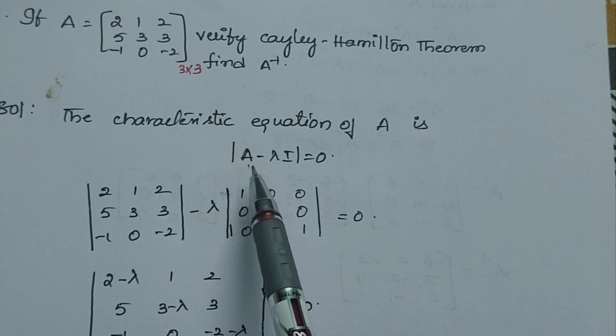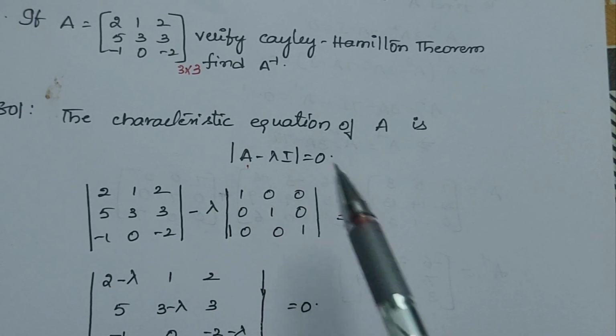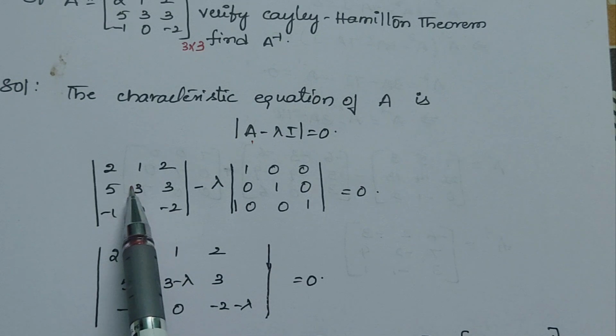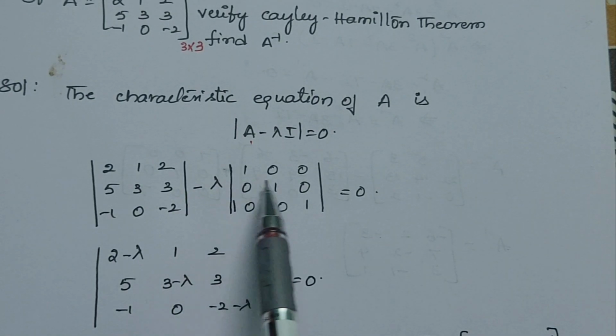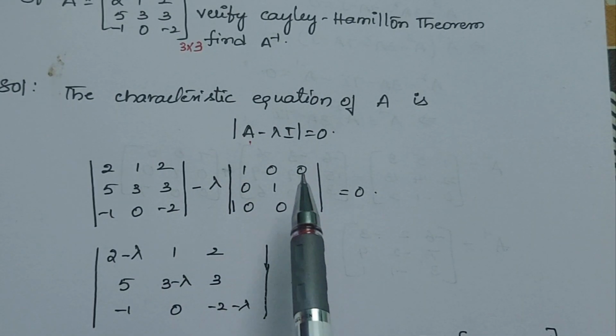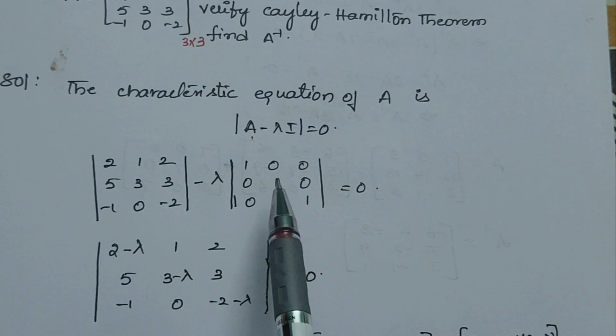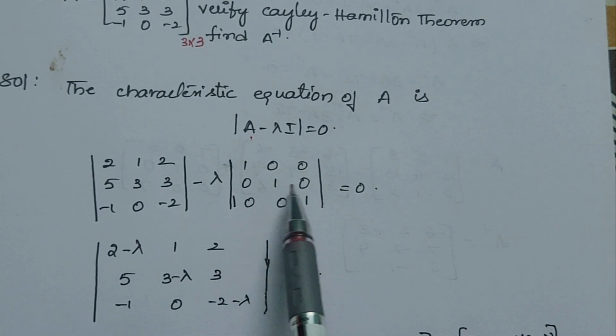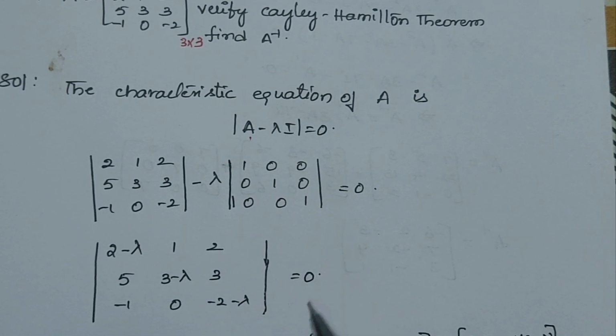Now we will find det of A minus lambda I equal to 0. So this is A minus lambda into I. I is a 3 by 3 identity matrix, 1 0 0, 0 1 0, 0 0 1.